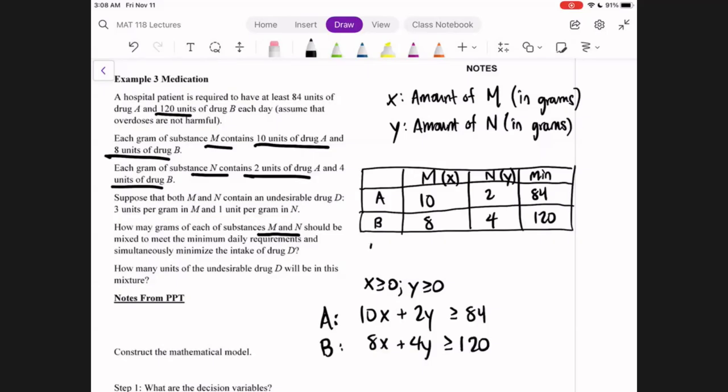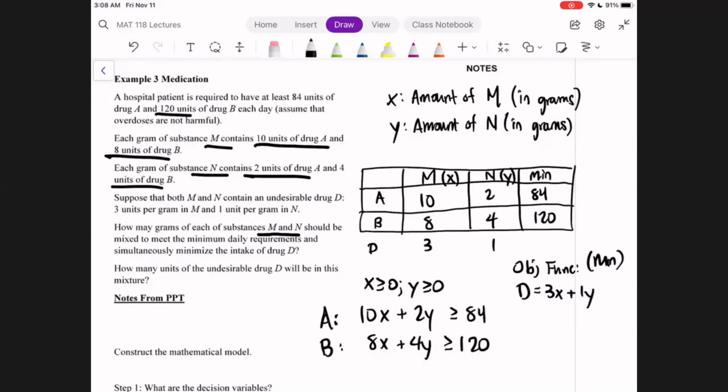And then drug D is what you want to watch out for, you want to minimize this. How many of drug D is in M? That's 3. And then 1 is in N. So your objective function is D equals 3x plus 1y. And you want to minimize this, okay?